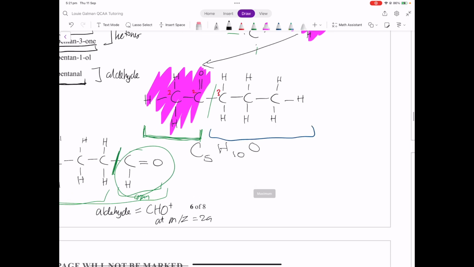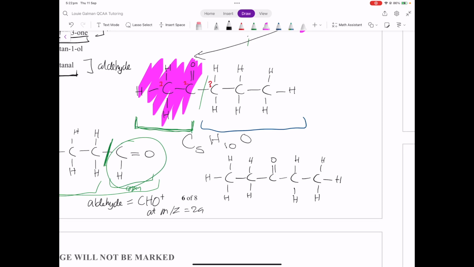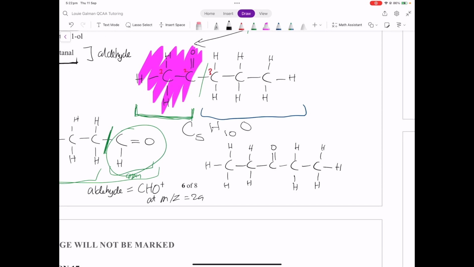Okay, actually you know what, I'm just going to write it so it becomes clear in your head. Just checking I'm right there. So 3, 5, 8, 10. Yep, so still fits the formula for the pentan-3-one, but no matter where I cut it, if I cut it here, then there's no really possible combination.